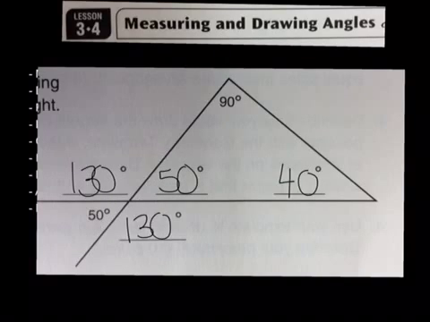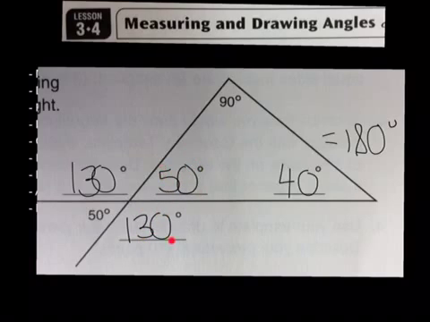So here we have it. This is what you should have. As I mentioned, vertical angles are equal, so you know that that's 50 and this is 50. That gives you 2 angles for this triangle here, so 90 plus 50 is 140. And you know you only need another 40 to have your 180 degrees. Okay? You know that vertical angles are equal, and adjacent angles, angles side to side, must equal also 180 degrees.